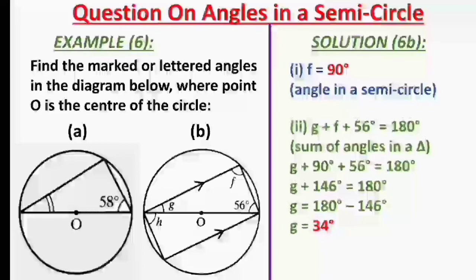These are the sum of the angles in a triangle. Summing up, angle G plus angle F, which is 90 degrees, plus 56 degrees should make up 180 degrees. Calculating and making G the subject of that equation, angle G should be 34 degrees.